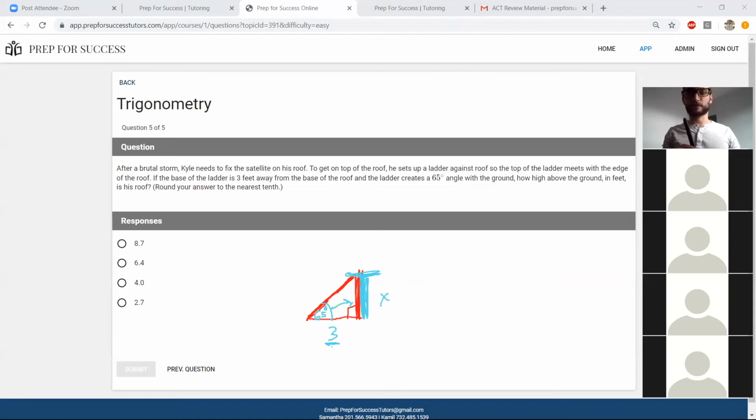Let's call this x. So we have adjacent, we have opposite. So once again, TOA. We're going to do tan of 65 is equal to opposite, which is x, over adjacent, which is 3. That's the equation. Tan of 65 equals x over 3.